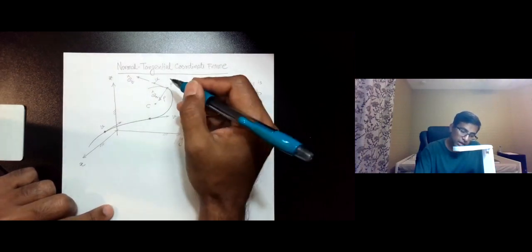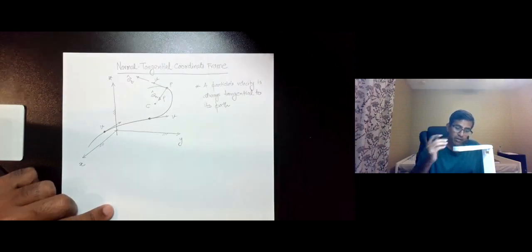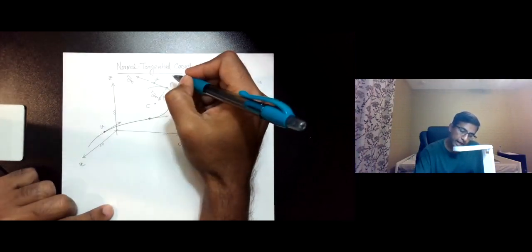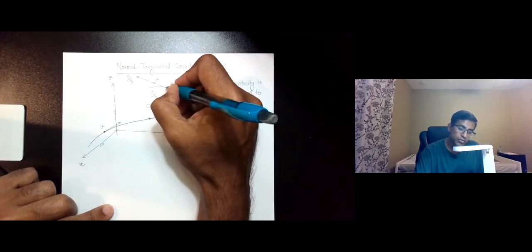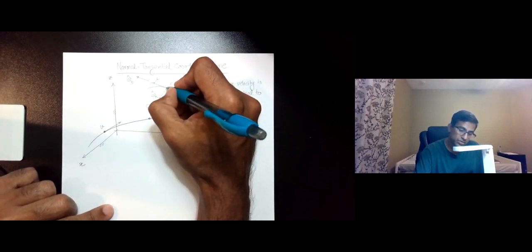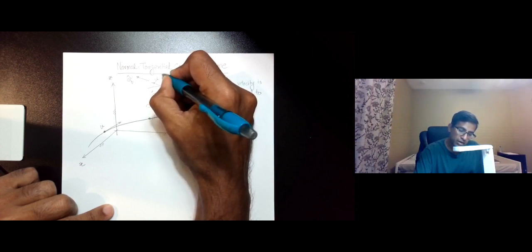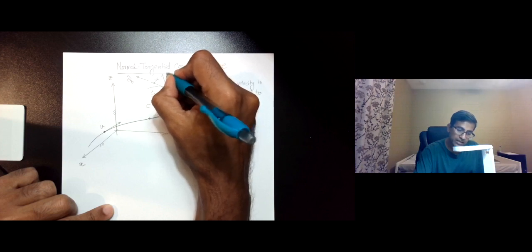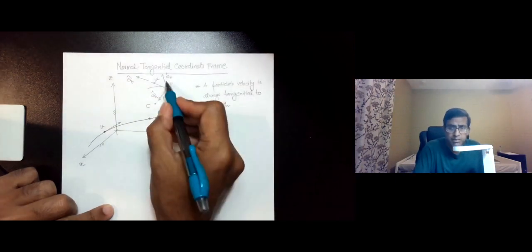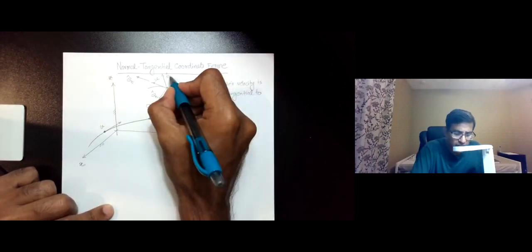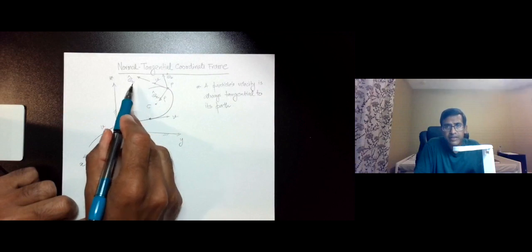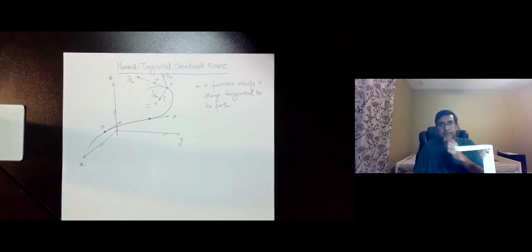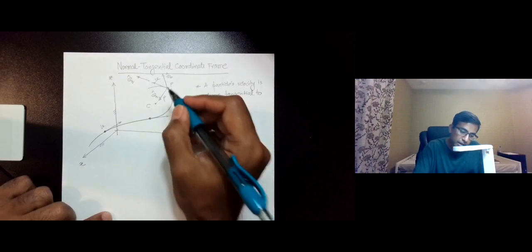Alright, so we have two mutually perpendicular vectors, and we are in the process of defining a triad, so the third vector is going to be mutually perpendicular to these two, perpendicular like this, and we call that e_b. So this is e_b, here you have e_n and here you have e_t.